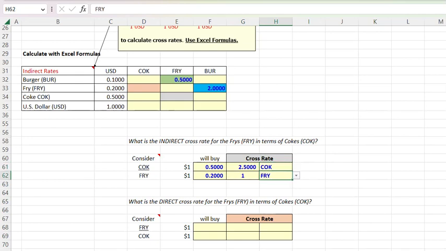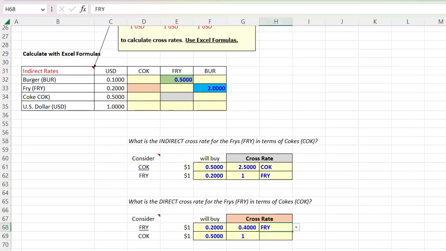If we wanted to find that direct cross rate for fries in terms of Coke, remember, fries will need to be in the numerator and Coke in the denominator. $1 will buy 0.2 fries. $1 will buy a half a Coke. And our cross rate is simply 0.2 divided by 0.5, which is 0.4, and we can always put 1 in the denominator.